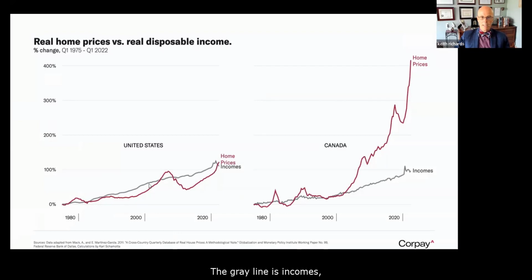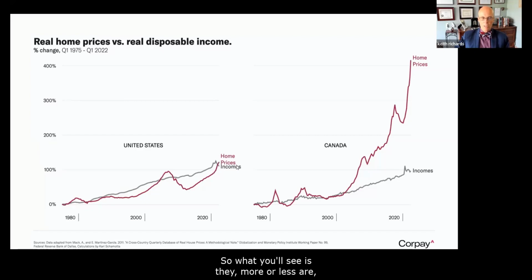The gray line is incomes, the American income levels across the USA. So this is average income across the USA, and it's a big place, the United States. But these are the prices, and you can see the '08 bubble and the crash, and you can see where incomes were in relationship to that.